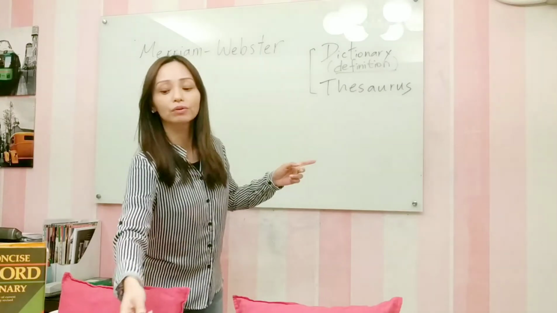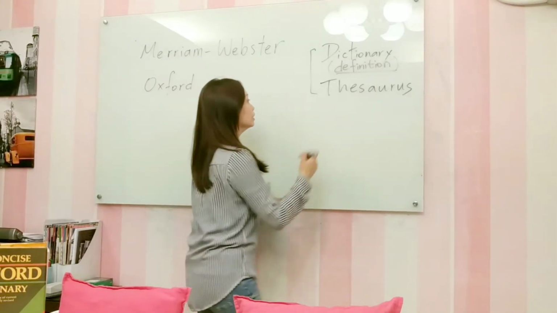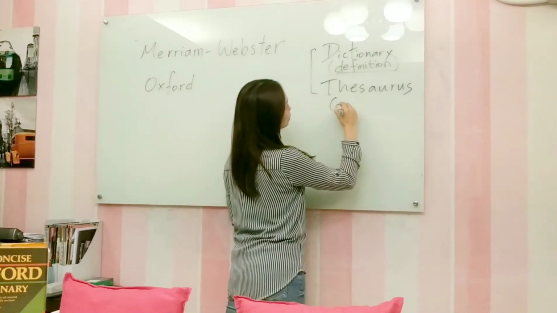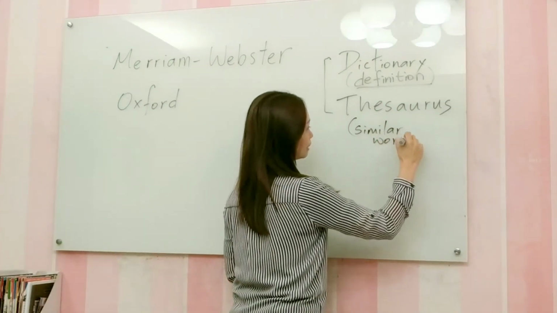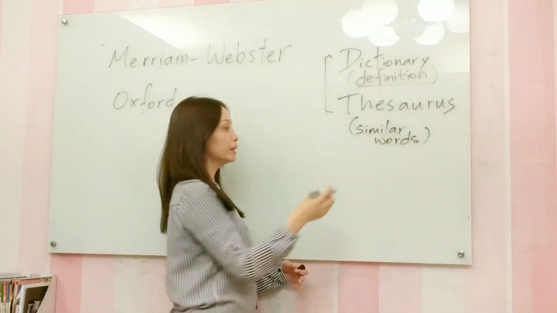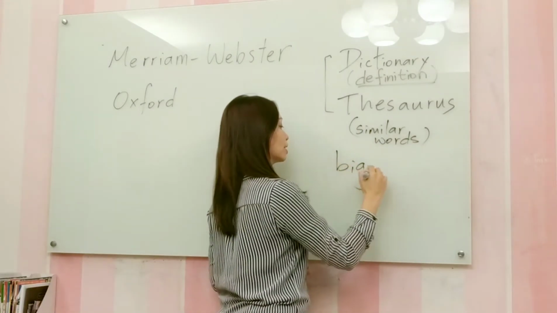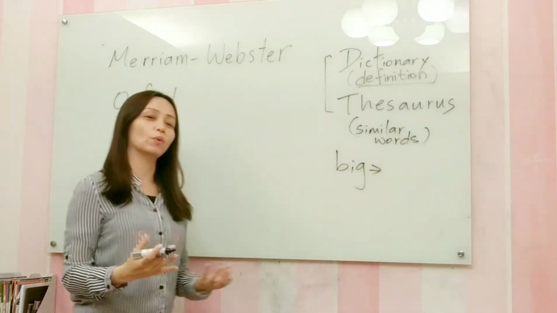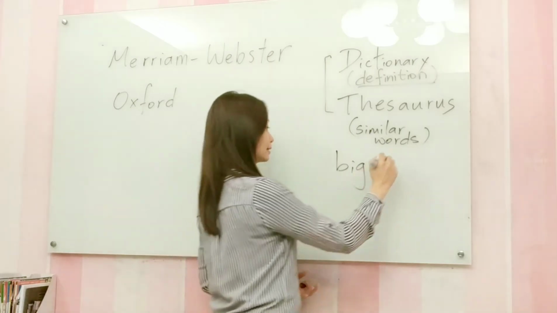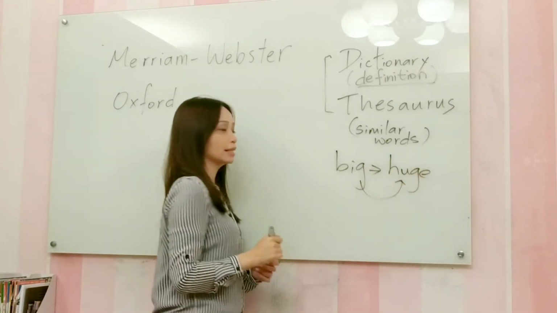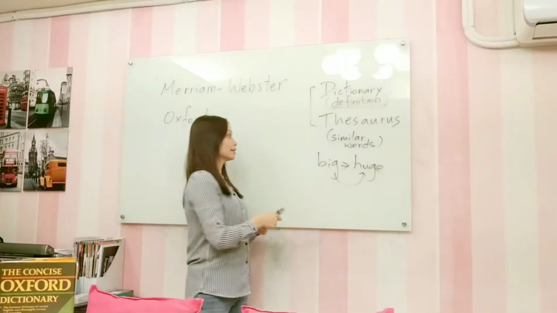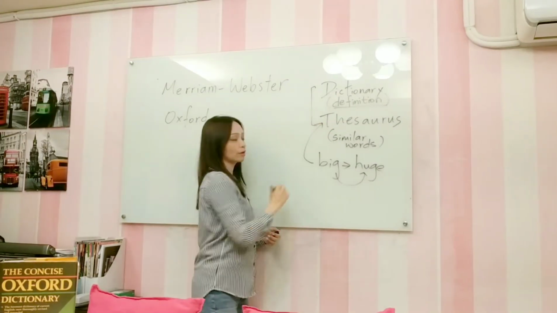But for the thesaurus, we usually learn similar words. For example, if you look up big on the thesaurus, what do you think would be a similar word to big? Yes, huge would be a similar word to big, right? So for information like this, you will need to use a thesaurus.